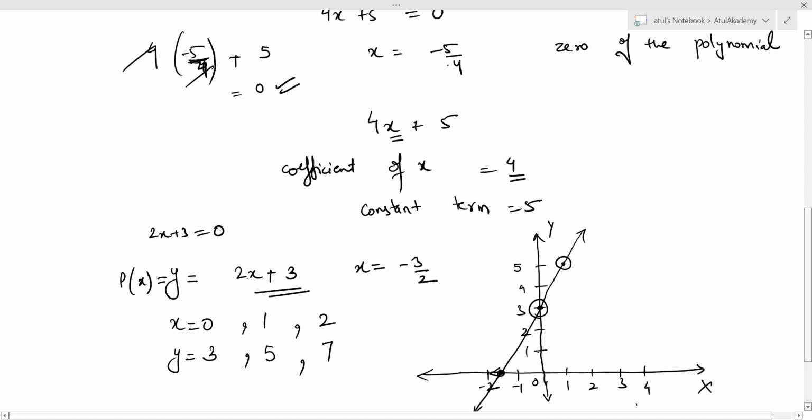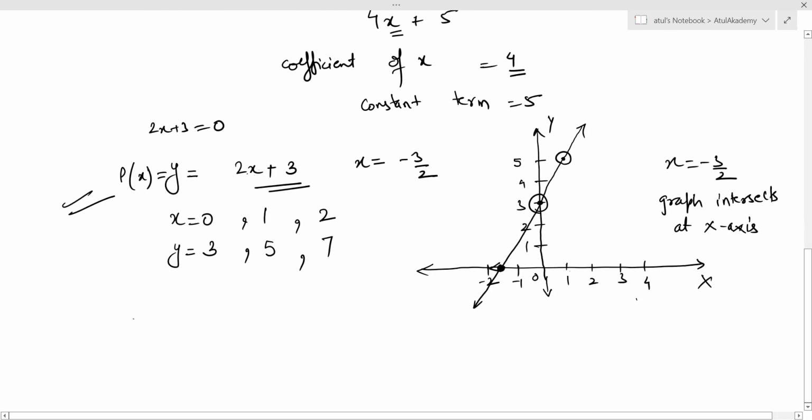It's between these. So this is the zero. A zero of a polynomial means where the graph intersects the x-axis. This is the point for x equal to minus 3 by 2, where the graph meets the x-axis. That is called the zero. A linear polynomial will have only one zero.